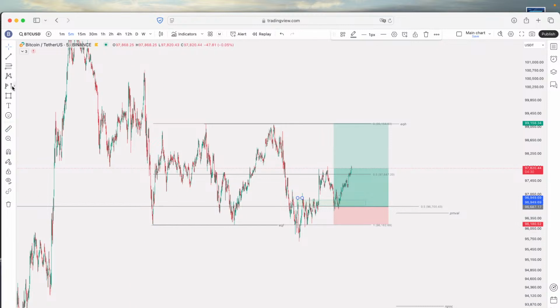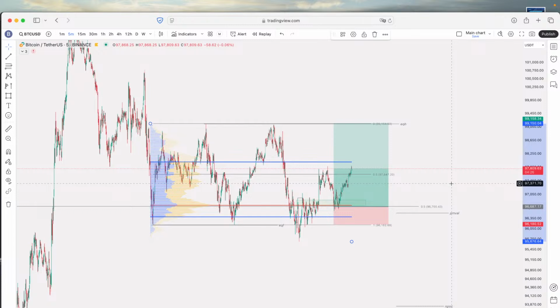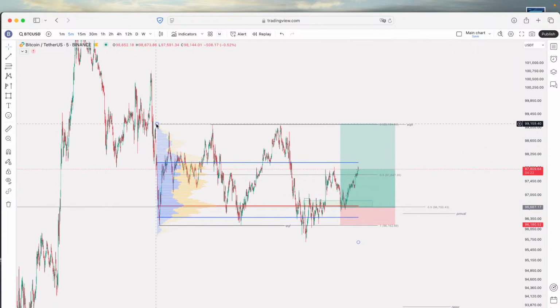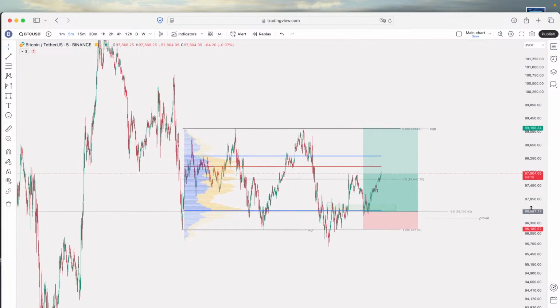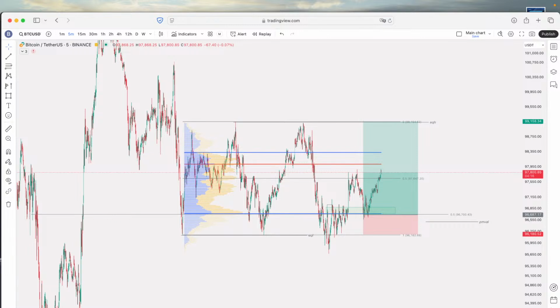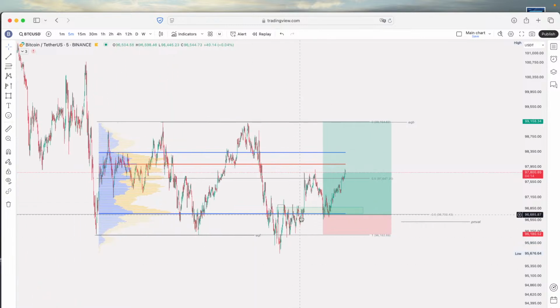If we draw our fixed range volume profile, we can see that the bulls have pushed the price back inside that value area, and we had a bullish retest of that flip again.